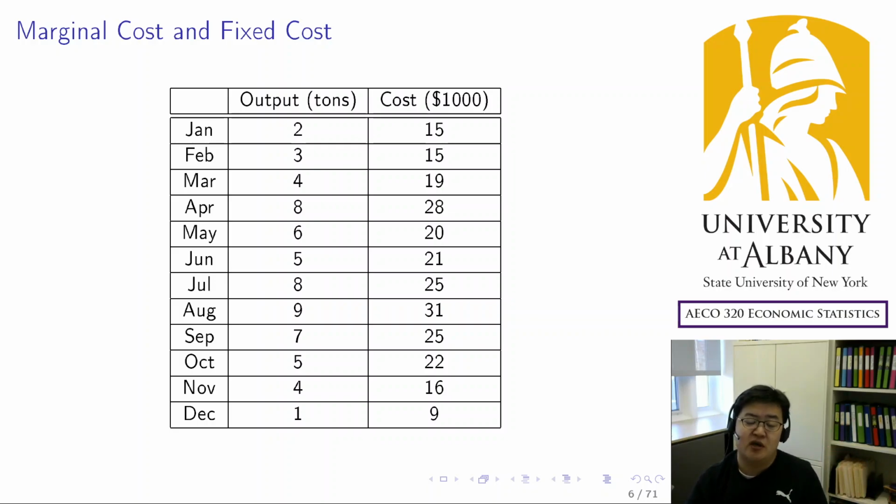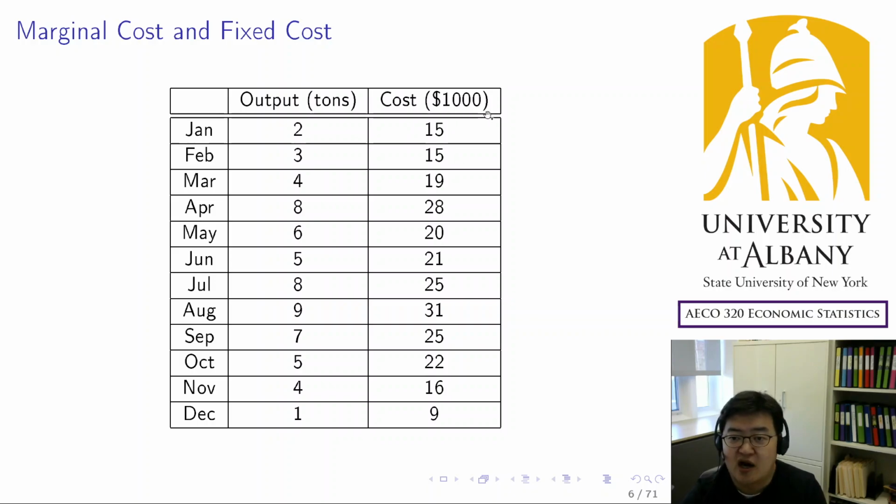Say from your factory last year, you observe the monthly output and monthly cost. So for example, in January, say you produced 2 tons. I don't know, you can think about any units. 2,000 smartphones or 2 tons of whatever, like agricultural yields. So the unit output is 2 and the cost is 15.